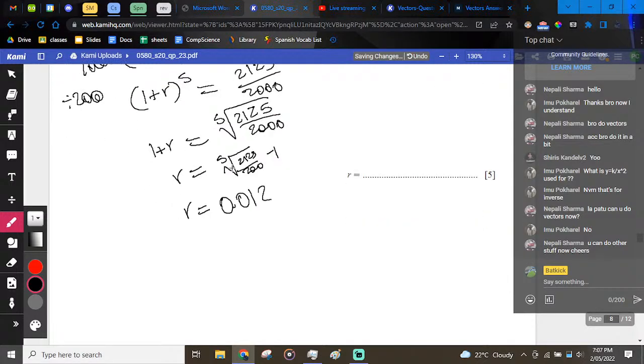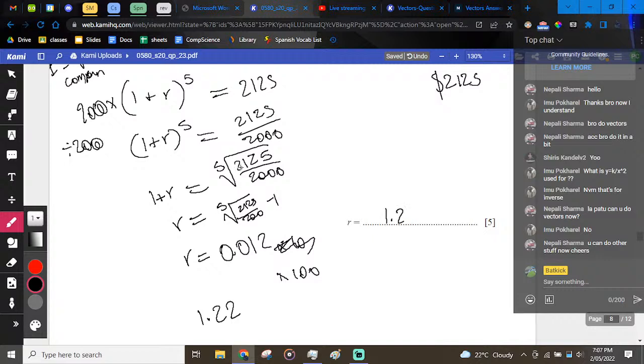Multiply that by 100 to get your percentage, times 100, 1.22%.